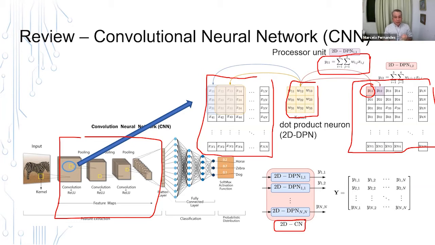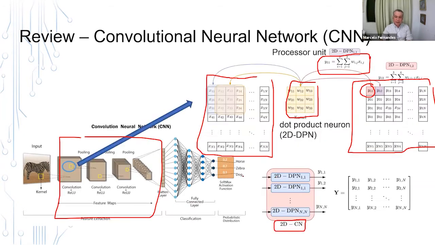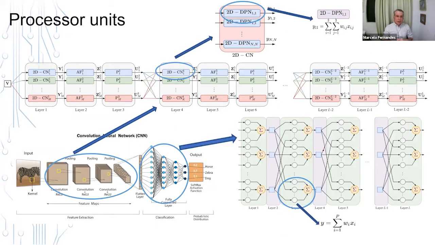So we have two types of neuron. We have a 1D DPN in the fully connected part, and in the convolutional part we have a 2D DPN, or a 2D CN, because a convolutional neuron is a group of 2D DPNs. So we have many processor units.